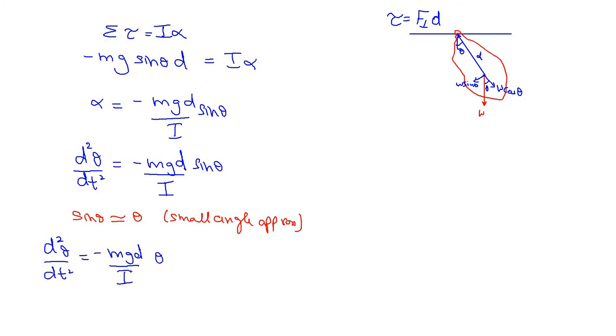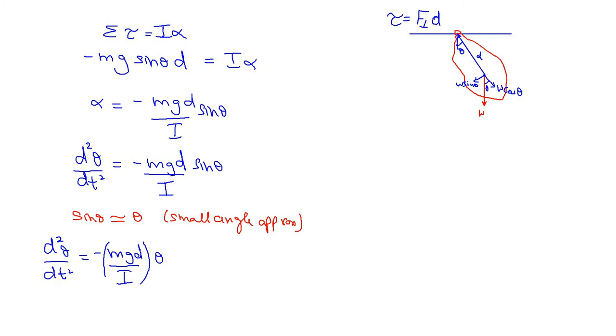Now this is the equation for an object undergoing simple harmonic motion, and this has units of 1 over second squared, since theta does not have any physical dimensions.